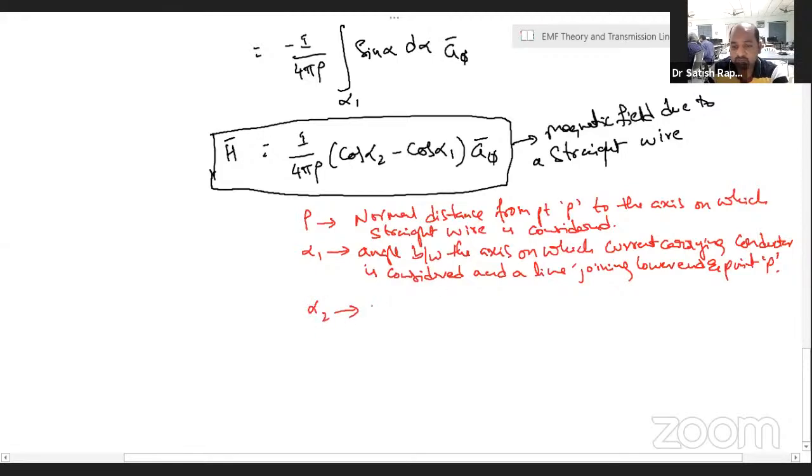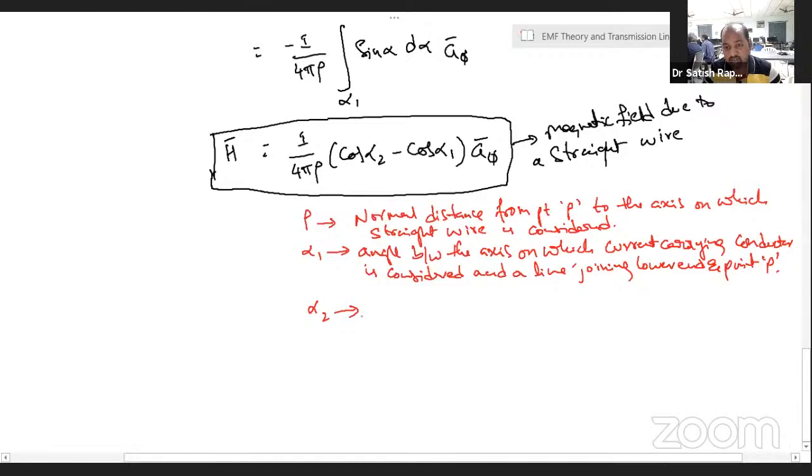Alpha 2 is the angle between the axis on which the current carrying conductor is considered and a line joining the upper end and point P, right? Almost the same. The above statement is almost the same.